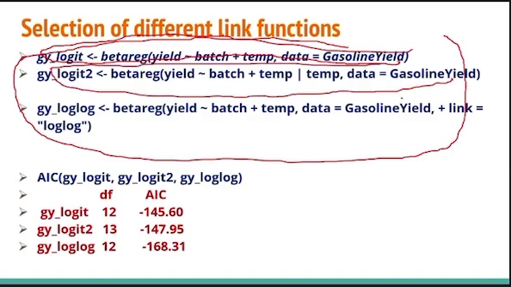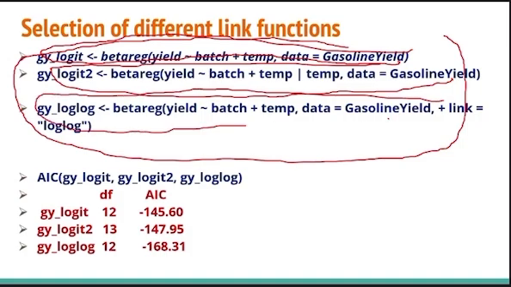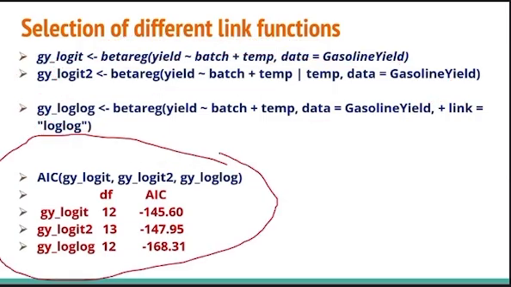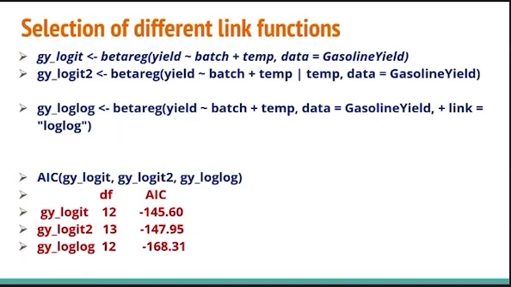The third one, I use a complementary log, but I did not use any dispersion. To see which one is the best, I can look at the AIC of all of them. The one with the smallest AIC is the best. So take a look at that. The link function that you select at times also impacts the efficiency of your model.